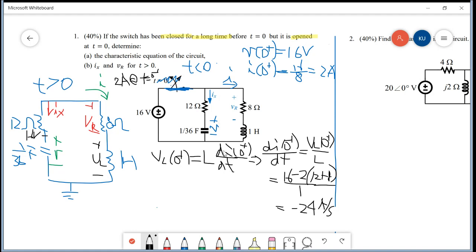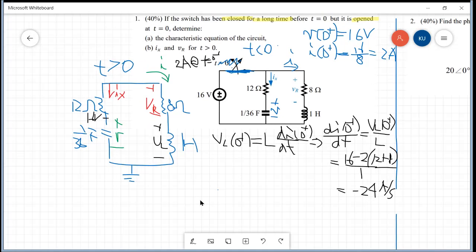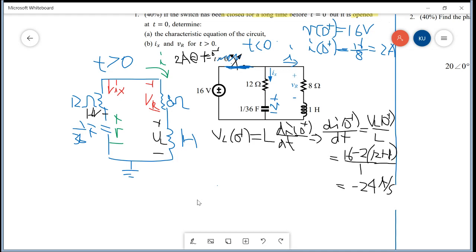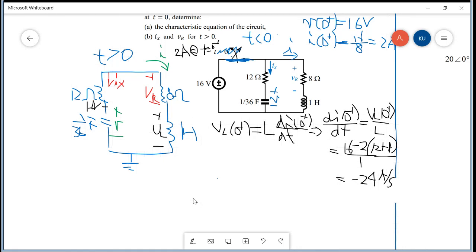And also, we would like to find, actually we don't really need to, we can actually write an ODE according to I, so it's not really necessary to find dv0 plus dt, but actually you can also find it, but it's not really necessary.